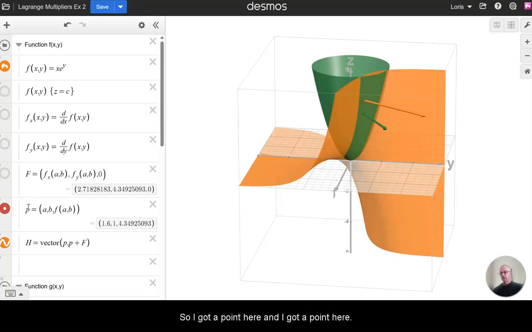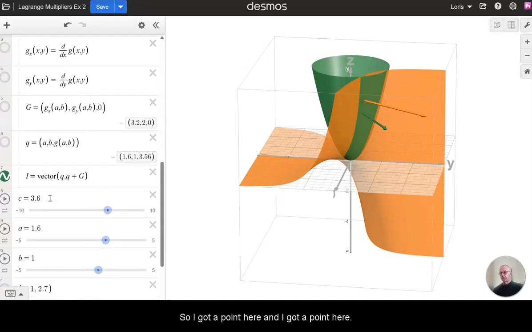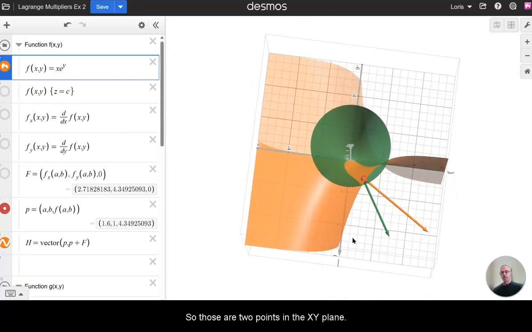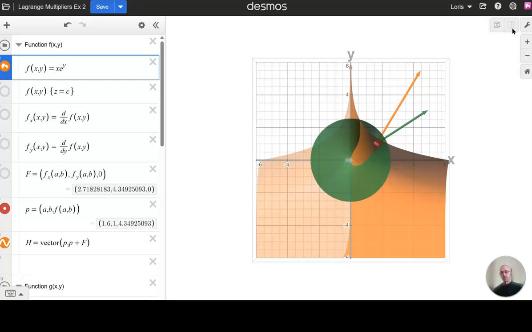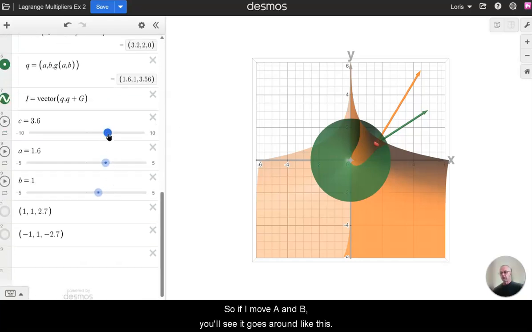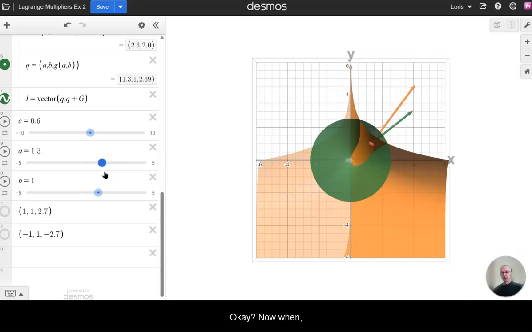So I got a point here, and I got a point here. So those are two points in the xy plane. Let me show you. If I move A and B, you'll see it goes around like this.